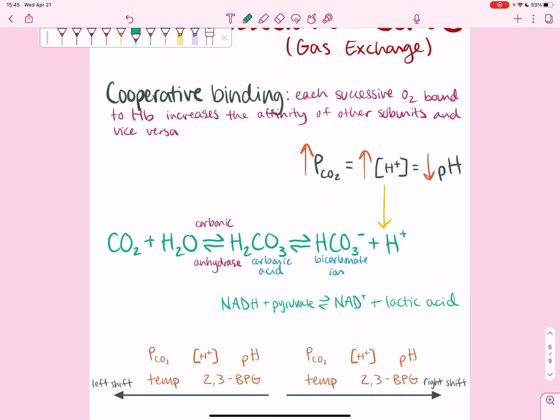So this also decreases the pH of the blood and increases acidity. I just wanted to mention that.